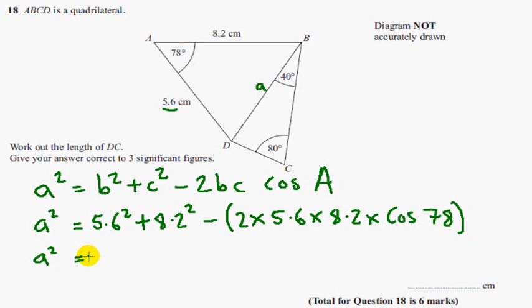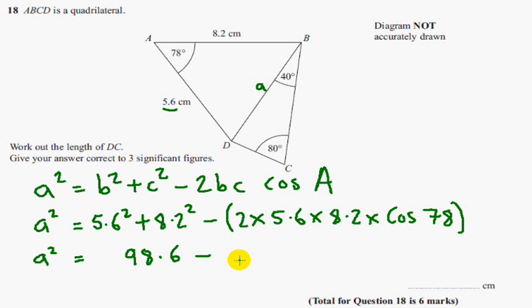So A squared equals 5.6 squared add 8.2 squared, which is 98.6. So this bit is 98.6 minus 2 times 5.6 times 8.2 times cos 78. In fact, I'm not going to write that in as a number because I'm going to have to round it off.